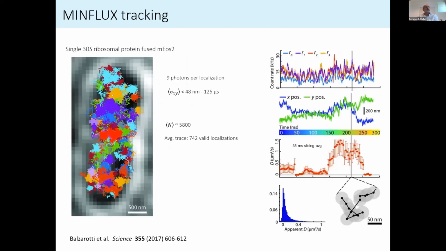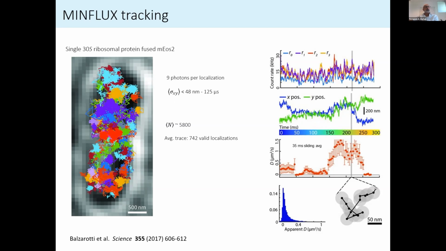You can also do tracking, and MinFlux has also important advantages for tracking, because since it uses very few photons to obtain high localization, you can play with that. For example, in this tracking example, we were happy with a localization precision of about 50 nanometers. Not so great, but it's really a good localization precision for tracking.